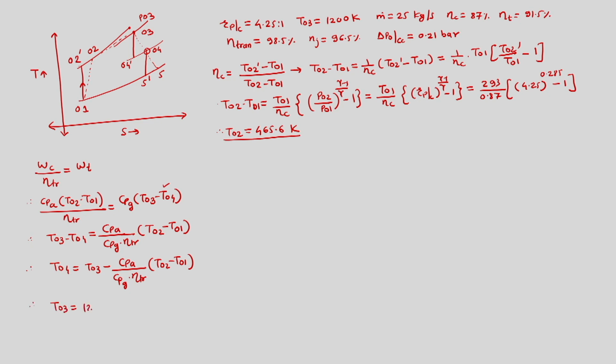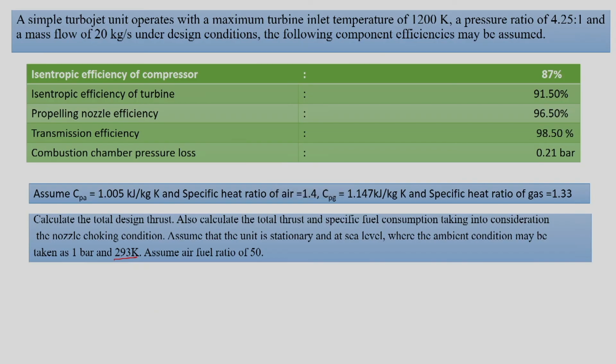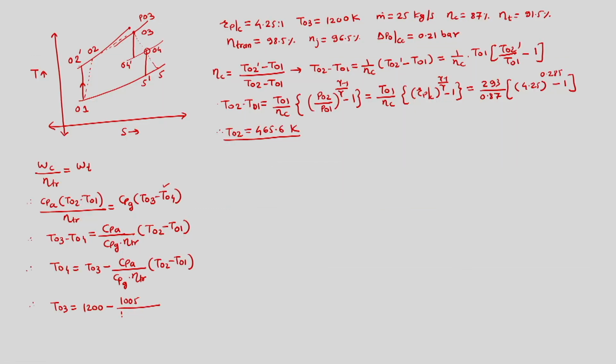Now we know T03 is equal to 1200, specific heat of air is 1005 divided by same for gas, which is given to us as 1147, into 0.985, which is transmission efficiency, into T02, which we have just calculated, minus T01, which is 293, and this gives us T04, and hence T04 is 1046.4 Kelvin.